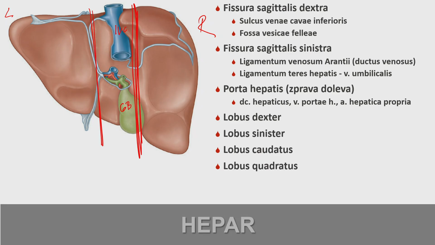The second is a fissure which is called left, and here there are two remnants of the embryonal development.